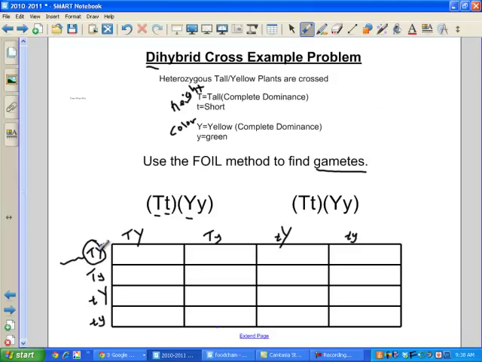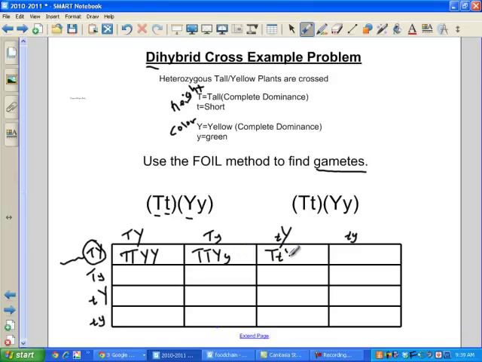Now all we have to do is combine our genes back together, because we are talking about sexual reproduction. So sperm meets egg, and the genes reform or recombine. So what we do here in this box is we go with big T, and we do another big T, and we have big Y and big Y. And we have big T and big T, and we have big Y and little y.